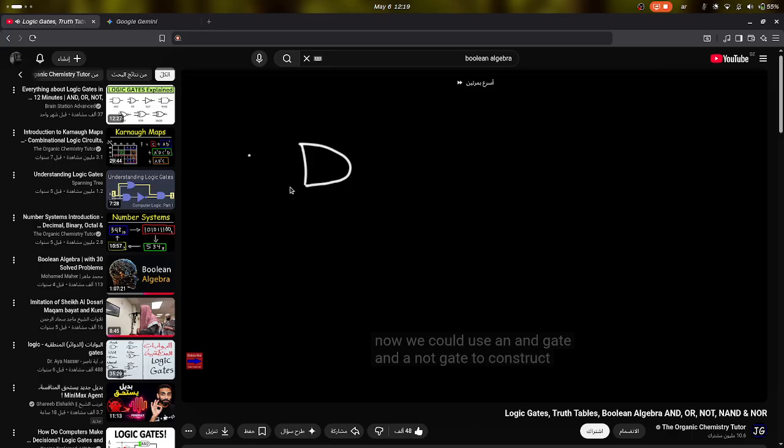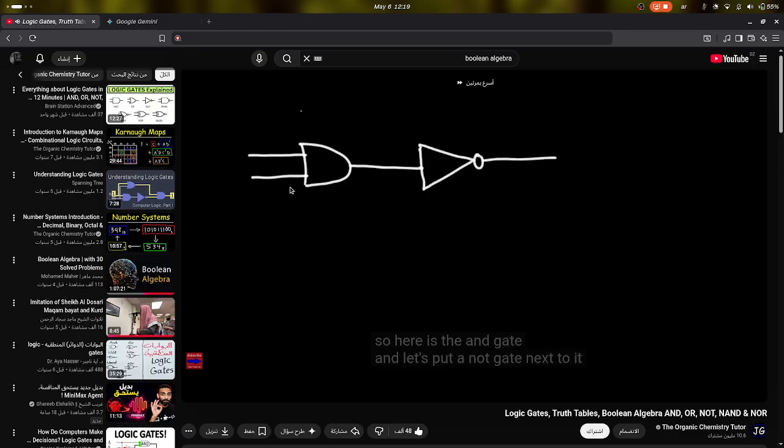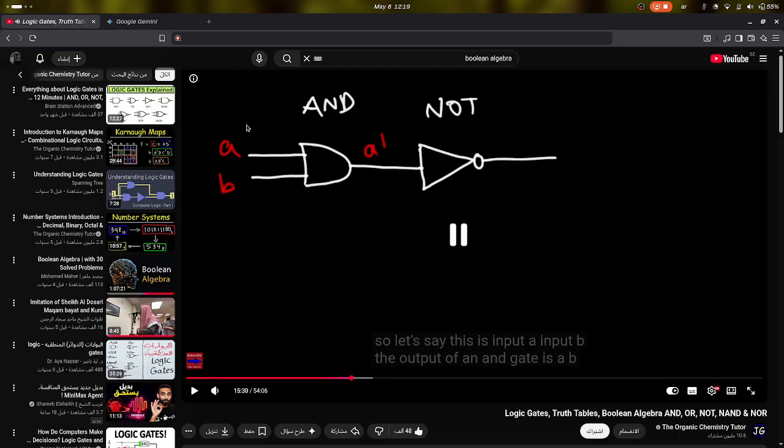Now, we could use an AND gate and a NOT gate to construct a NAND gate. So here is the AND gate, and let's put a NOT gate next to it. So let's say this is input A, input B. The output of an AND gate is AB.